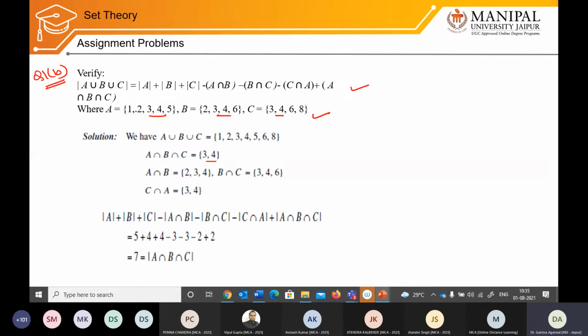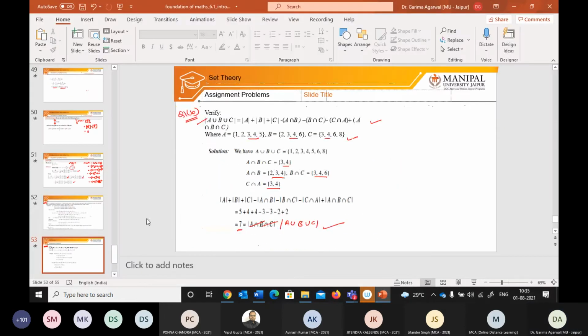Then A intersection B, the common values of A and B, that is 2, 3, 4. B intersection C, 3, 4, 6. C intersection A, 3, 4. We just substitute all the values in this formula and we'll get the answer. As simple as that. One more thing, that should be A union B union C. Right? Now I think the problem is resolved regarding this question.